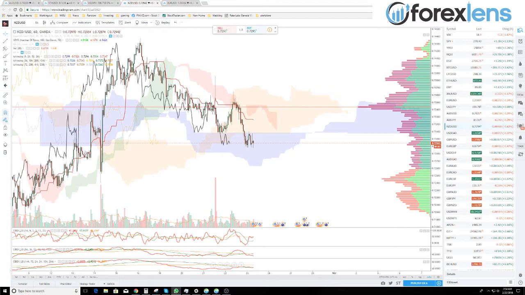So we could short even right now at 72.94, or a pullback to 73.20, we'll say. Those are kind of our options there.